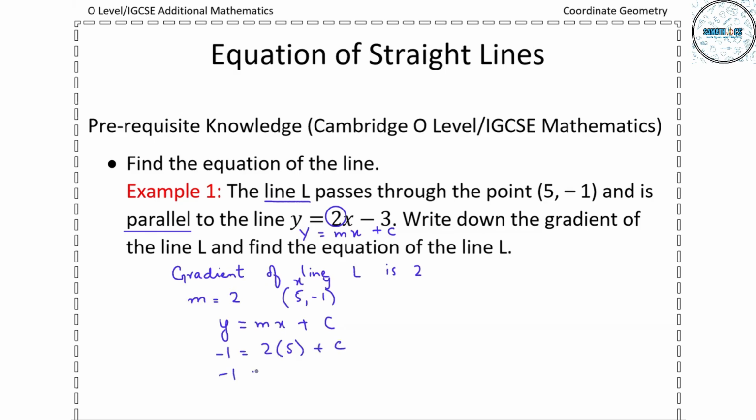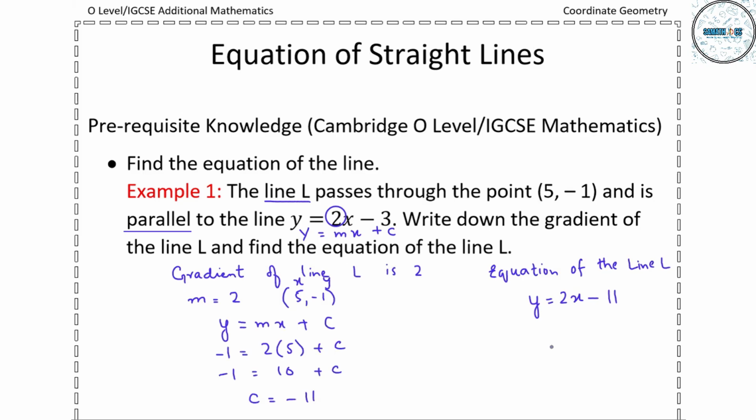So -1 = 10 + c and c = -11. The equation of line L is y = 2x - 11, in place of m we substitute its value, which is 2.